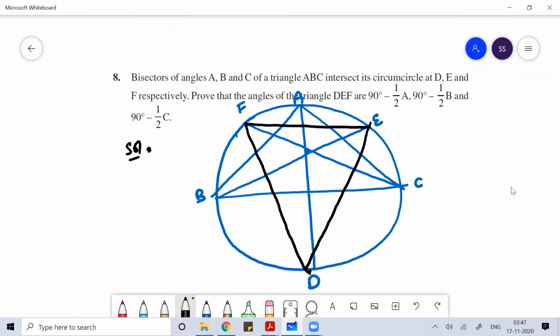Prove that the angle of the triangle DEF, angle FDE.